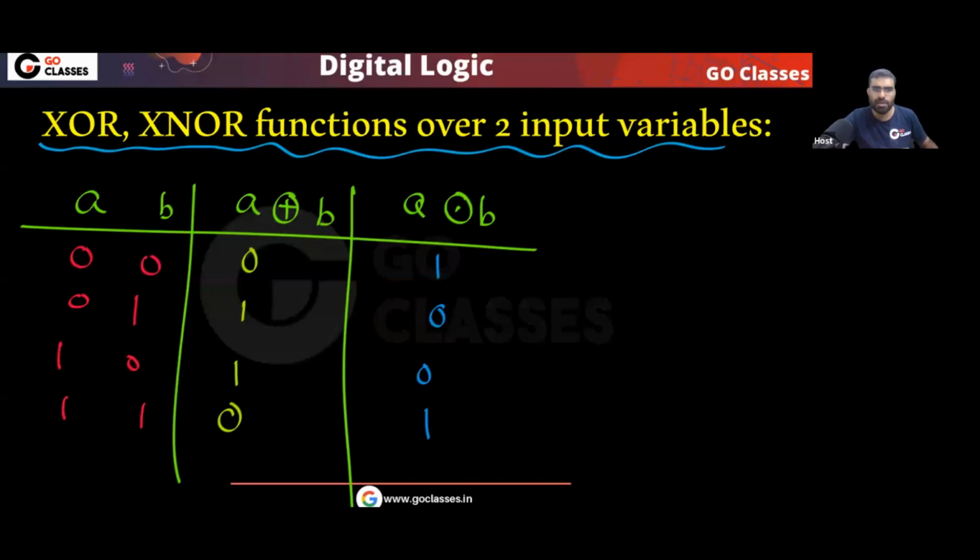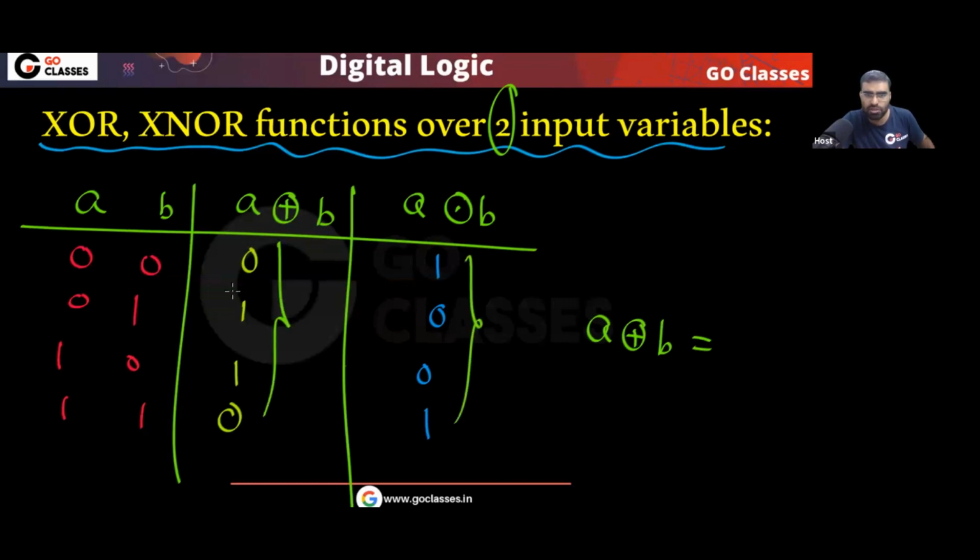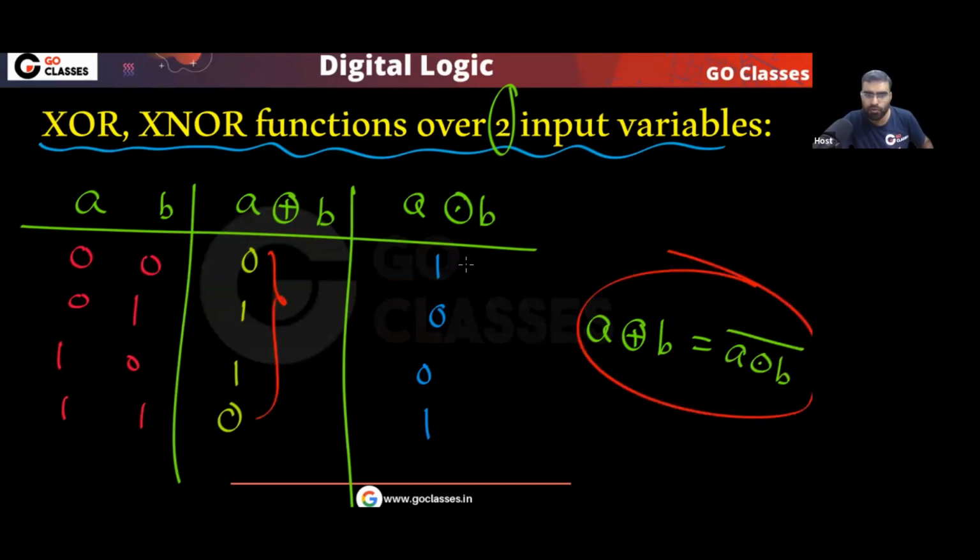So if you have two input variables, tell me, are they complements or not? You can see this is XOR, this is XNOR. They are complements of each other. Very simple point.